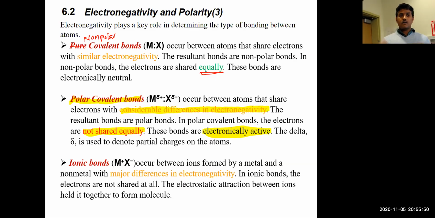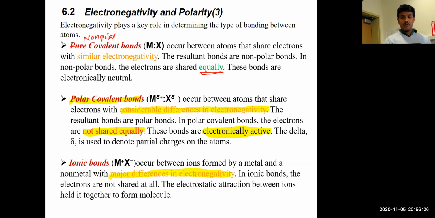Ionic bonds result because the two atoms that are forming ionic bonds have large or major differences in their electronegativity. As a result, instead of sharing electrons, they give away the electrons. Remember in the previous slide, I showed you a GIF image between sodium and chlorine, where the chlorine snatched the electron from sodium, because the difference between sodium and chlorine is large enough that chlorine can do that to sodium, the metal.